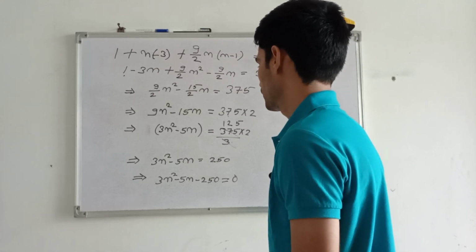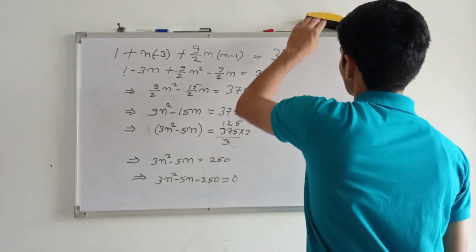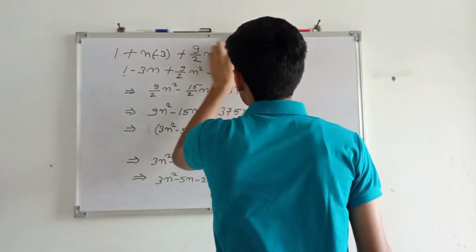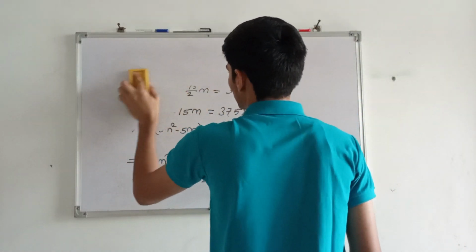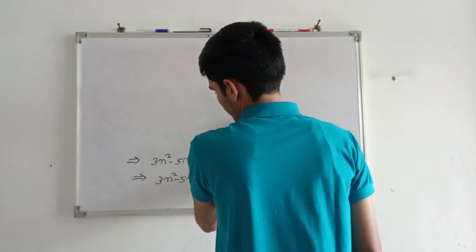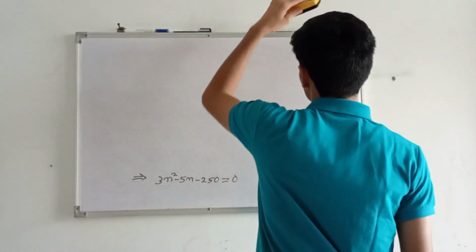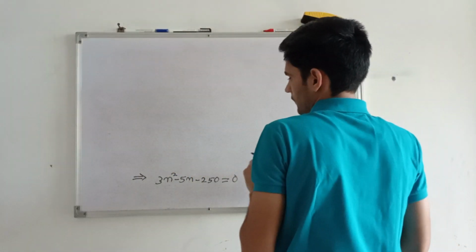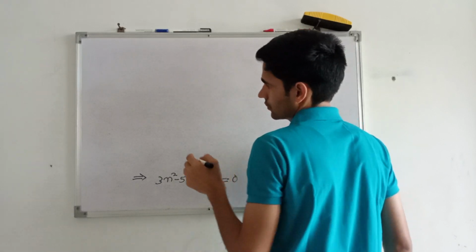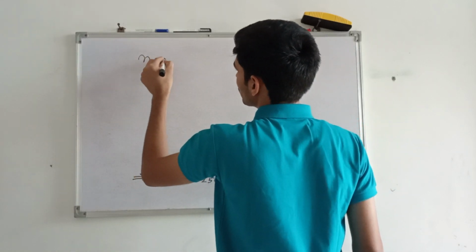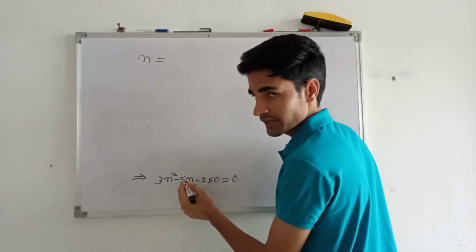So to solve a quadratic equation, what do we do? We will apply the formula. So this is our equation, right? So the values of n will be minus b.